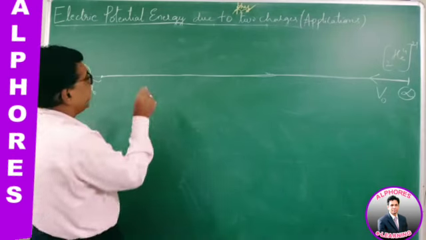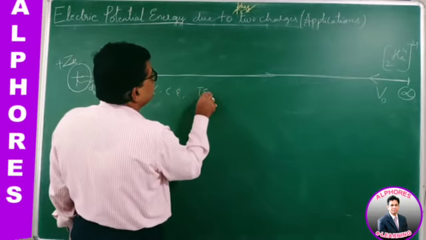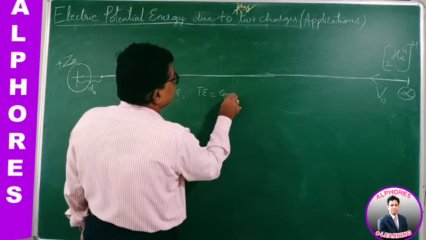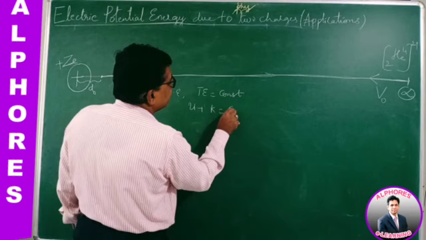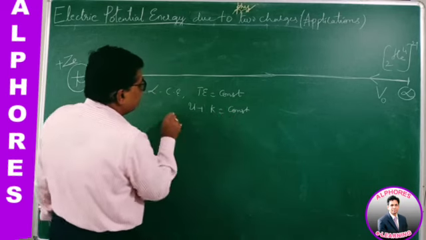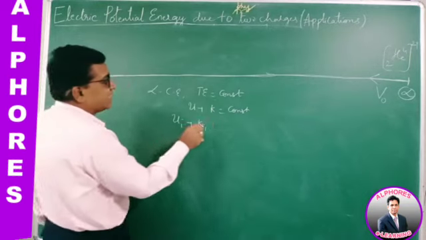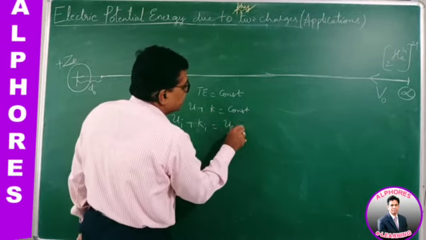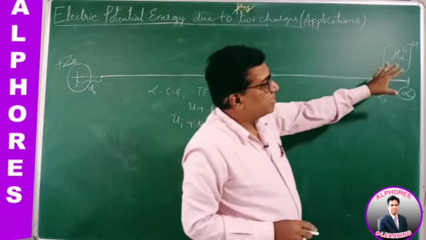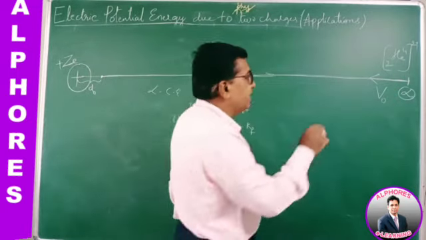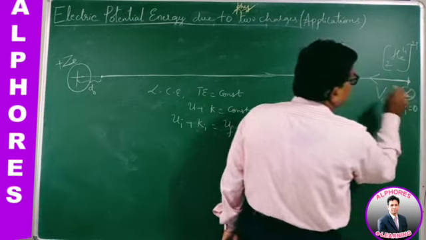Then we know according to the law of conservation of energy, the total energy of the system of charges is a constant. What is total energy? Potential plus kinetic energy is a constant. So initial potential energy plus initial kinetic energy is final potential energy plus final kinetic energy. Now initially I am throwing the alpha particle from infinity. At infinity we know the potential is 0, so the initial potential energy is 0.